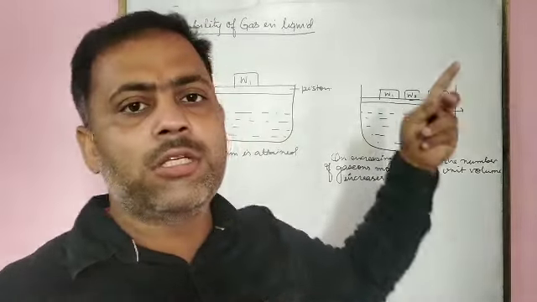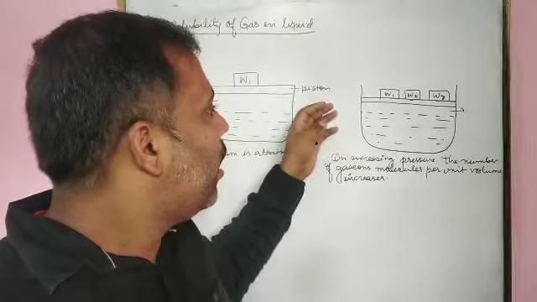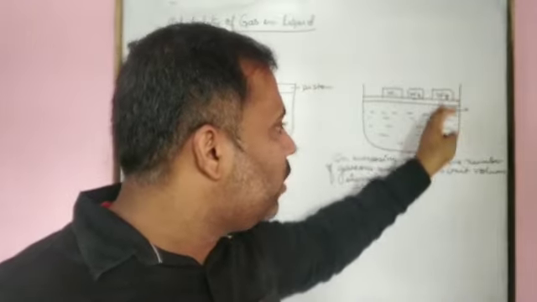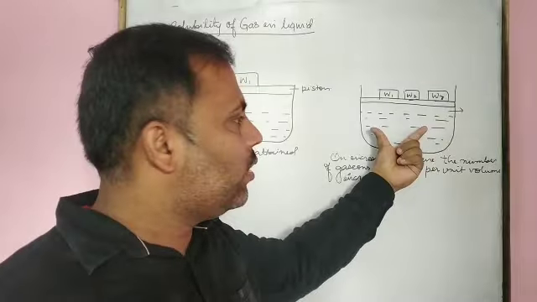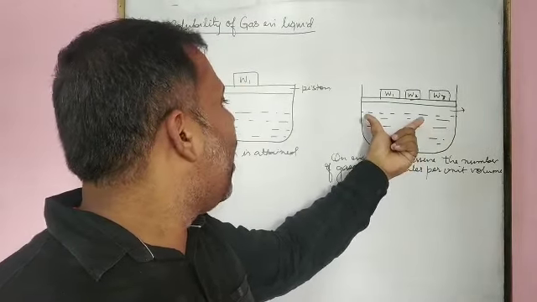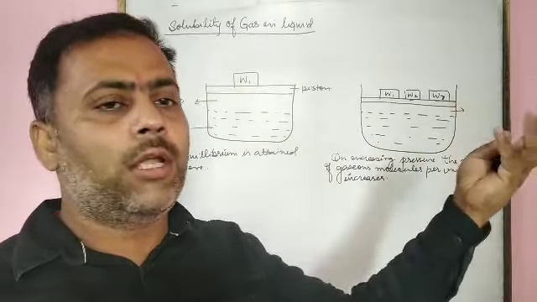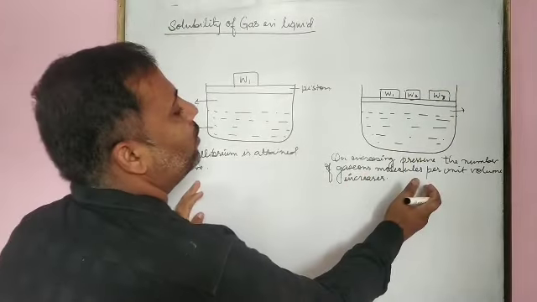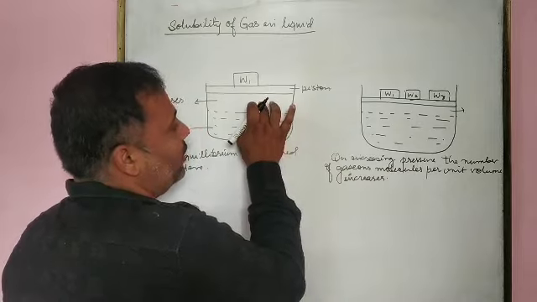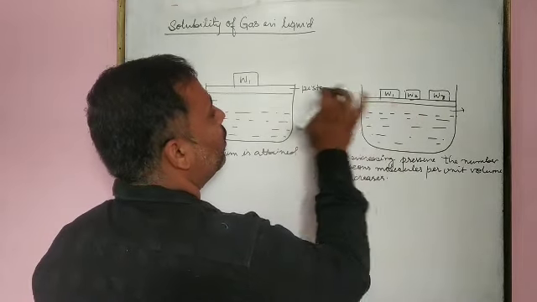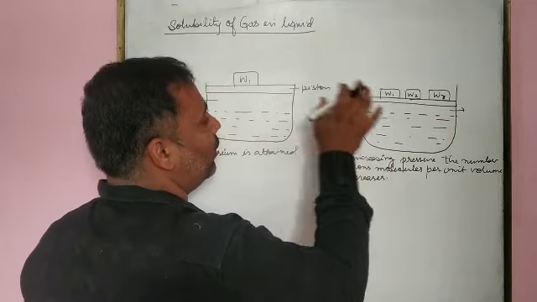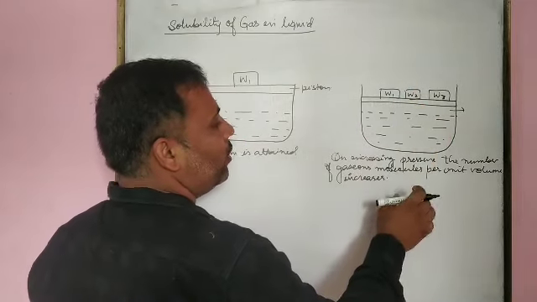Then the equilibrium is disturbed, and when the equilibrium is disturbed, more and more gaseous molecules will dissolve in this solvent and a new equilibrium is attained once again. By increasing the pressure from here to here, we see that the dissolution of gas in a liquid increases.